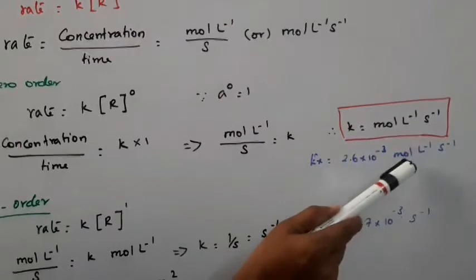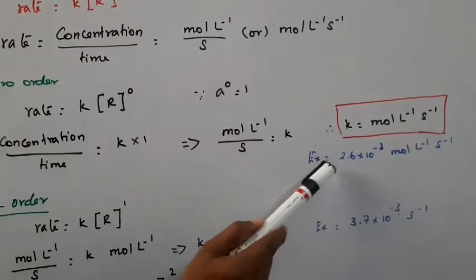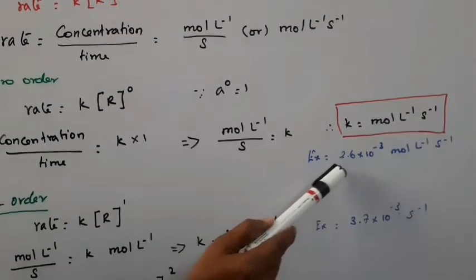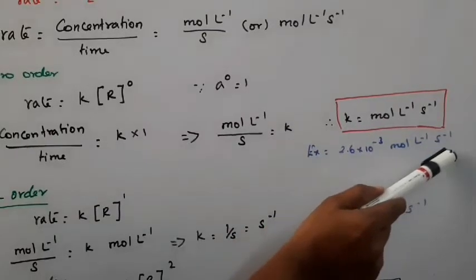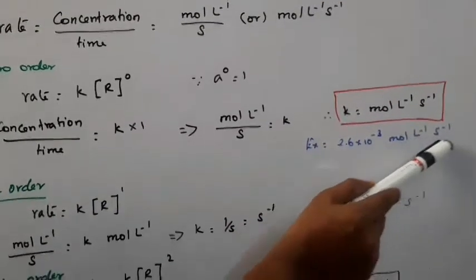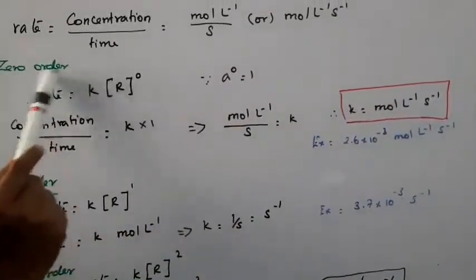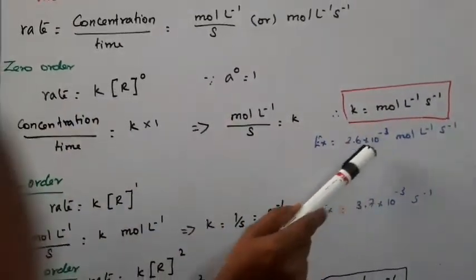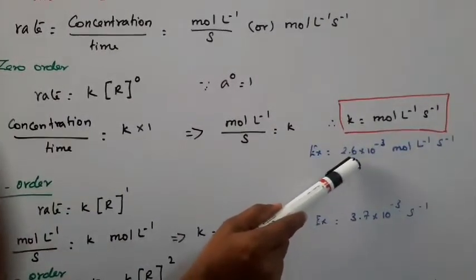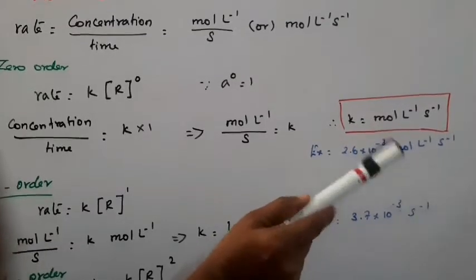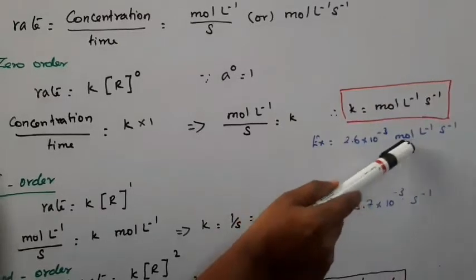For example, 2.6 into 10 raised to the power 3 mole per liter per second. This unit, mole per liter per second, is the unit for zero order. So for this case it is a zero order reaction because of the unit.